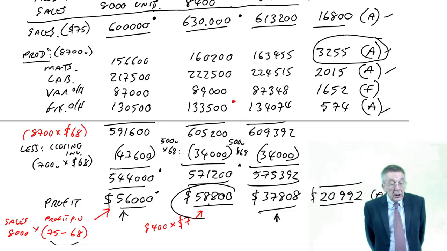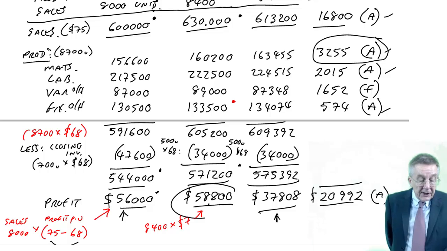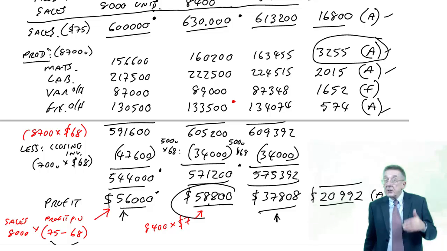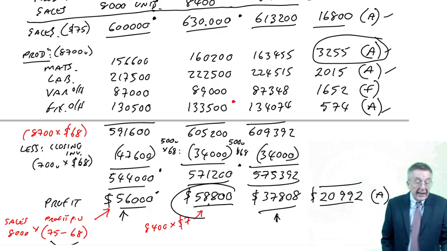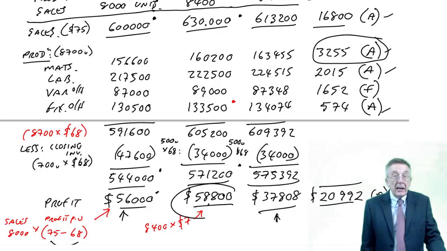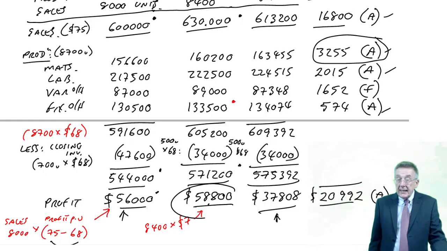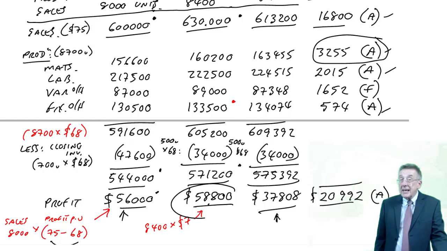But if you look at the original cost card, the materials were supposed to be 18 a unit, and we've obviously paid more. But the reason this should have been 18 a unit is because we were expecting each unit to use 4 kilos, and we were expecting to pay £4.50 a kilo for the material.